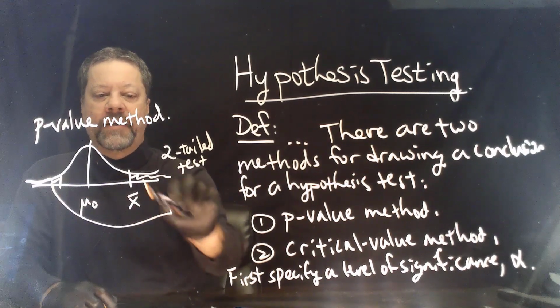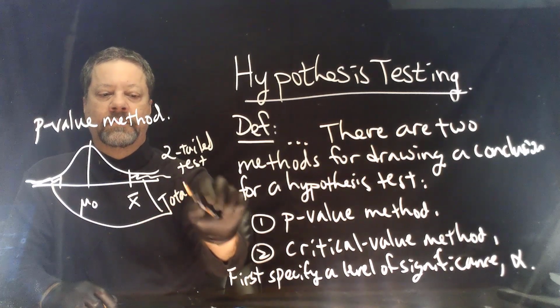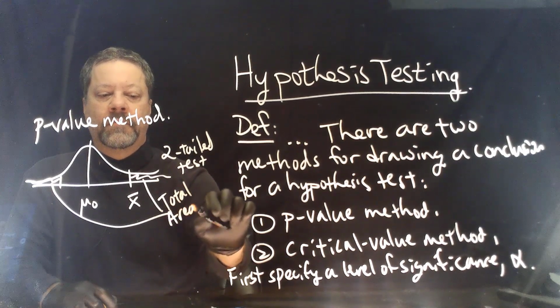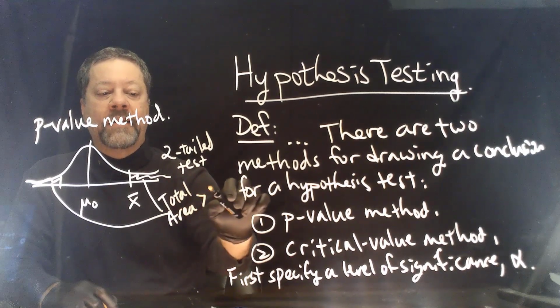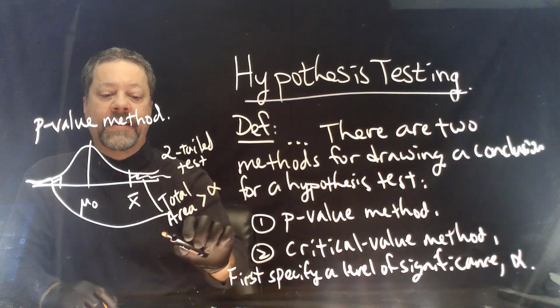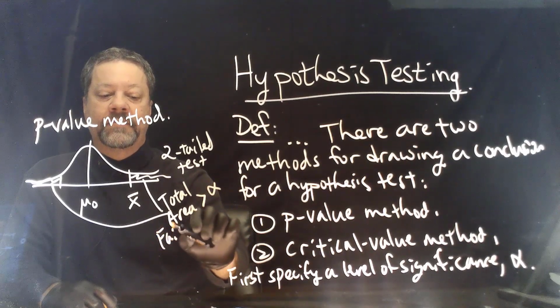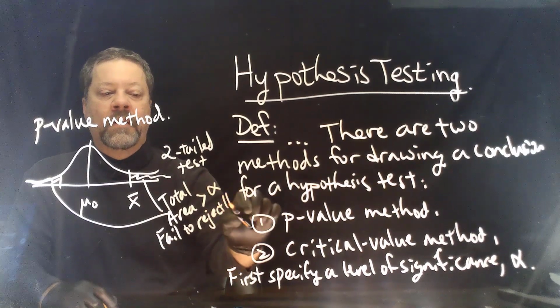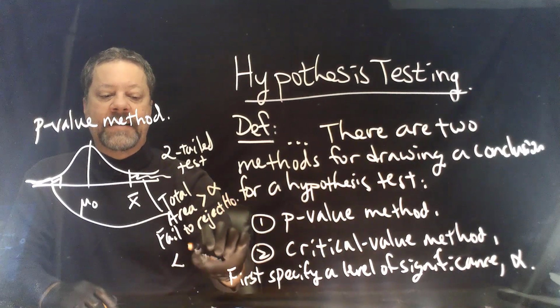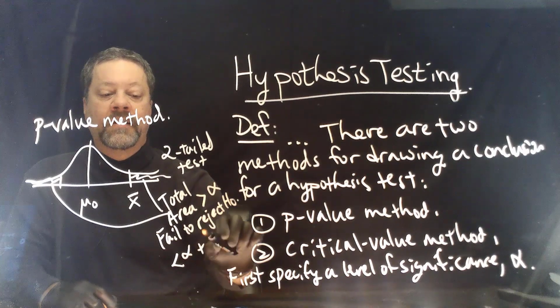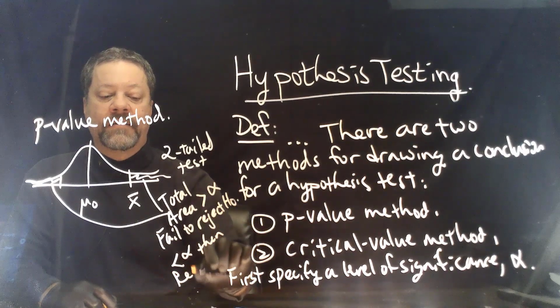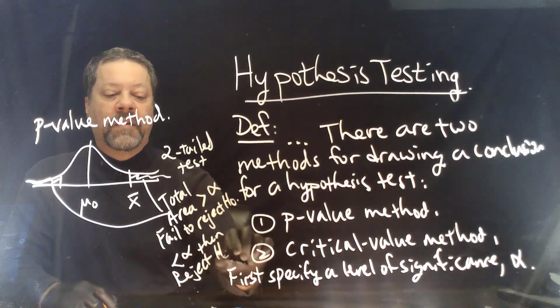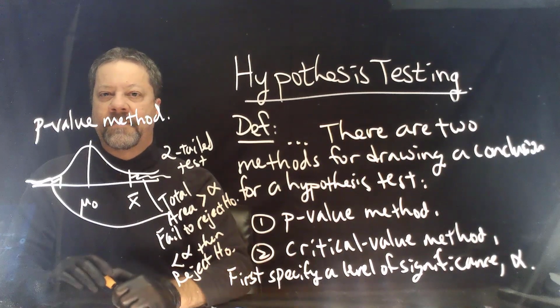This total area, if that is greater than the specified level of significance, then you fail to reject the null hypothesis. If it's less than your level of significance, then you reject the null hypothesis.